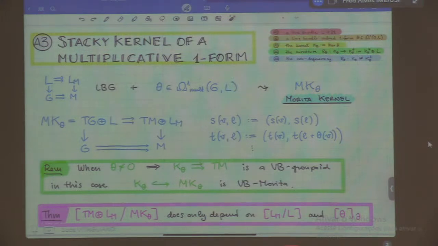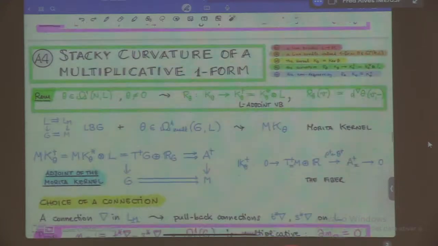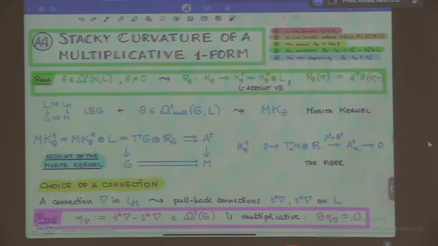And the next aspect is the curvature. We want to have a stacky version of the curvature of a hyperplane distribution. So again, we begin with a multiplicative one-form.